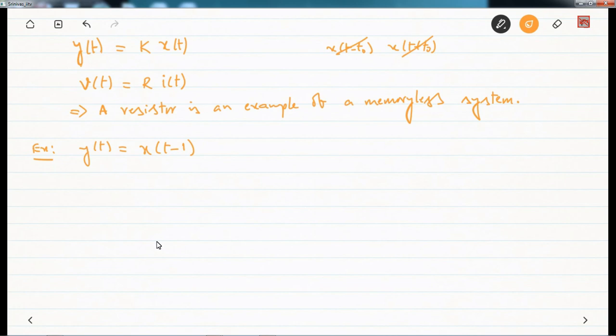So this is a system with memory. So this is not a memoryless system.